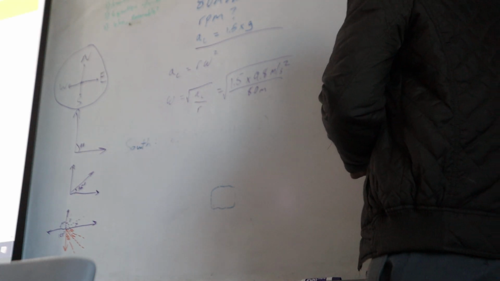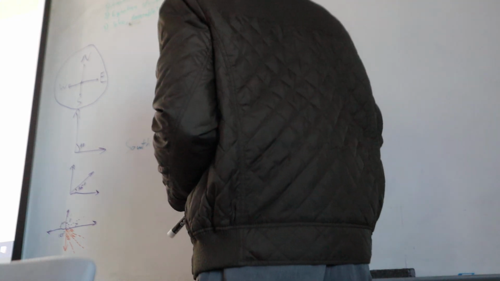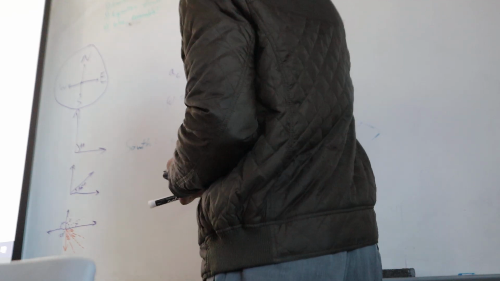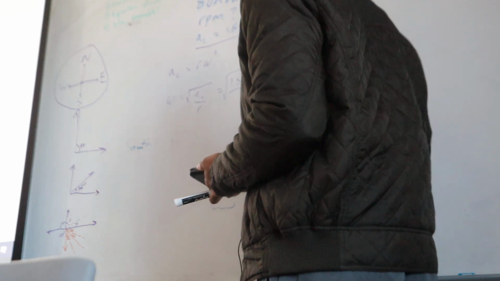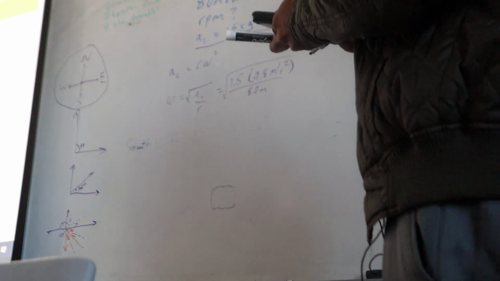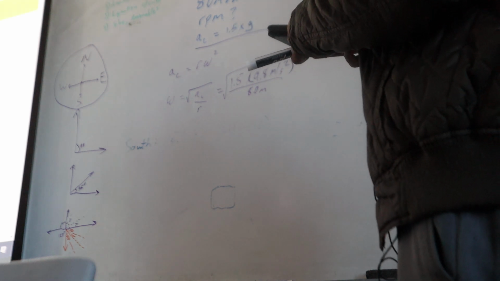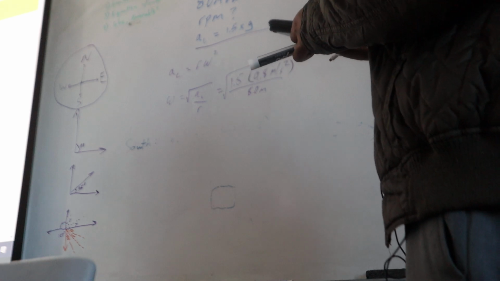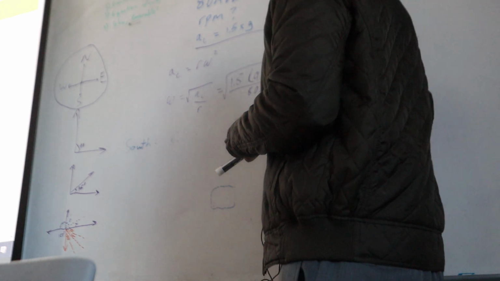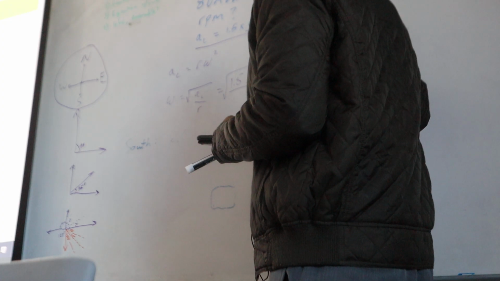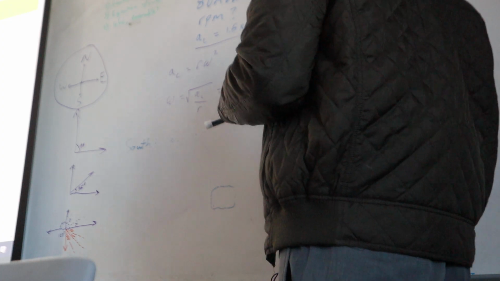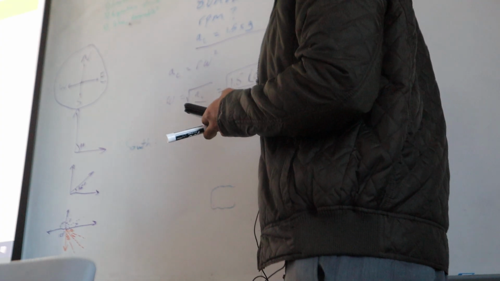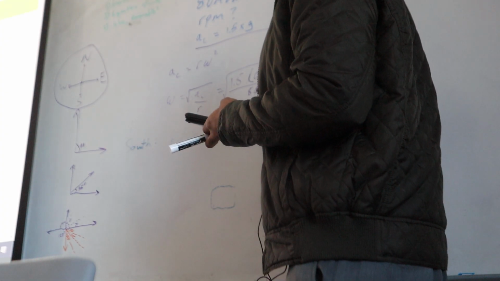So I got 7 square root 15 over 10. Wait, what? No, that's just the top part. Oh, you didn't do it all together. I'm gonna break it down.